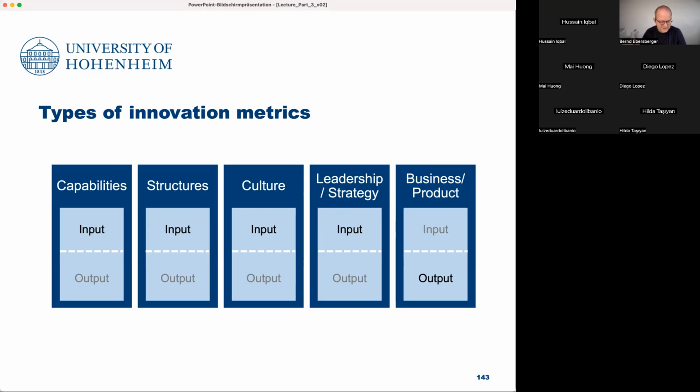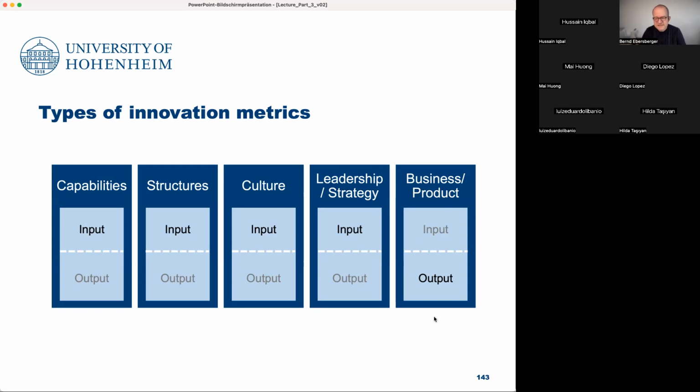Open an additional research lab somewhere. Change the culture, a little bit harder, have more events, have people come to the events, etc. Change leadership and strategy. That's also possible. This is what you can do as a manager. Very immediately, you look at metrics and say, oh, they don't fit what I want, and you change something.